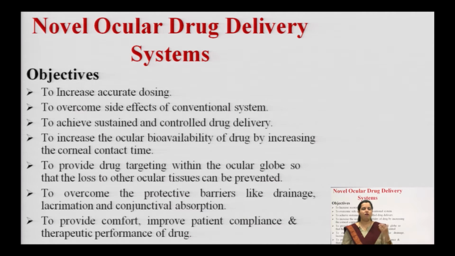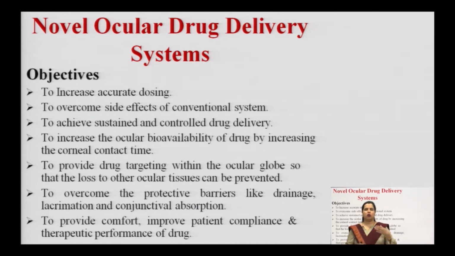So, here I have listed a few, right. First is to increase accurate dosing. As you know, the problem with conventional ocular drug delivery systems is that the drug may be eliminated during instillation into the eye, and the majority of the drug is getting lost.